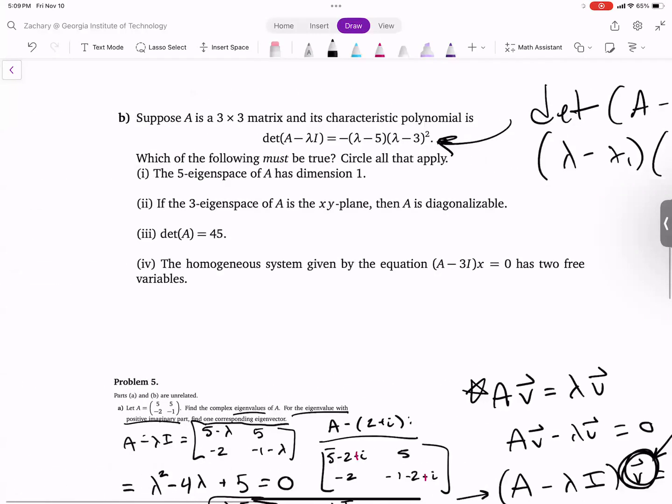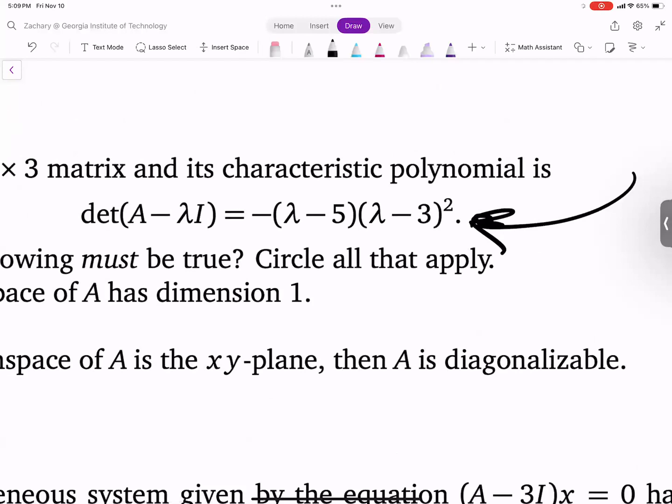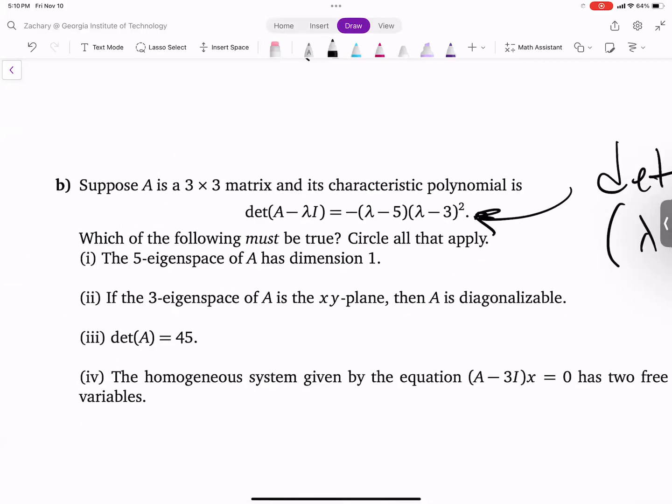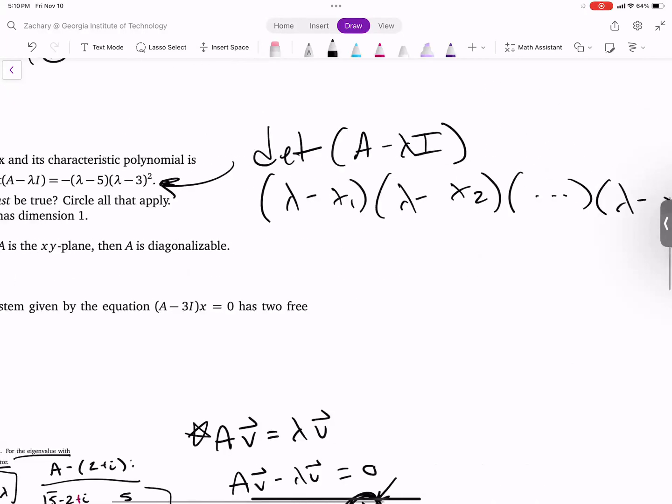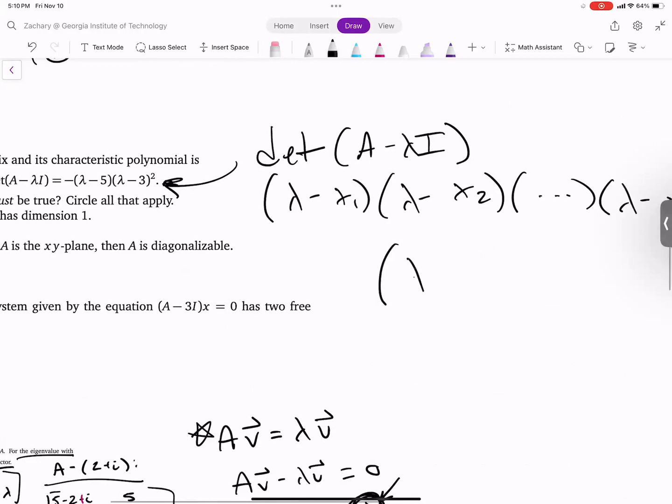In this particular case, that happens. We have something that happens multiple times, but instead of writing it out, we use squares and powers to shorthand it. So how we write that is this equation is actually lambda minus 5, lambda minus 3, lambda minus 3.